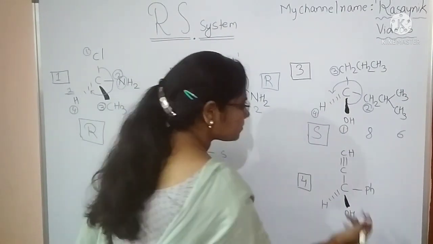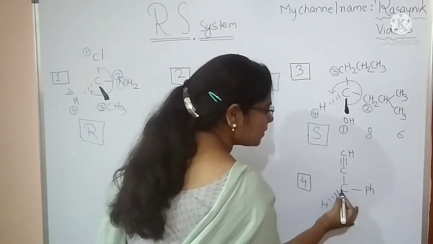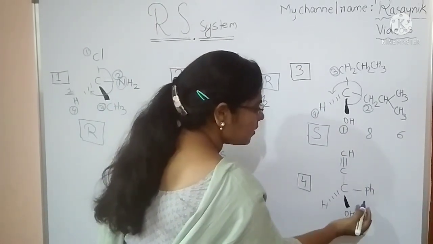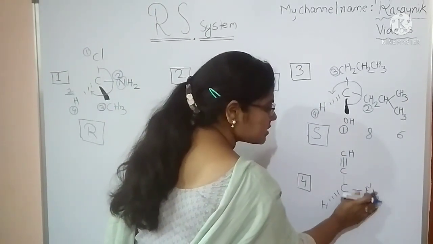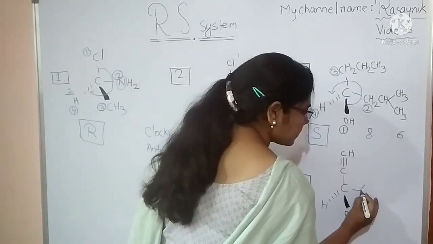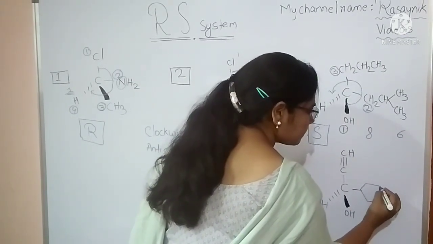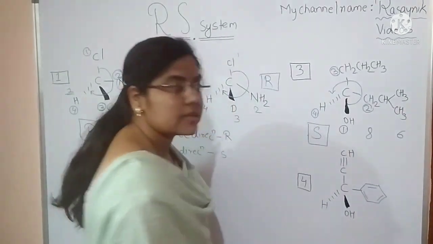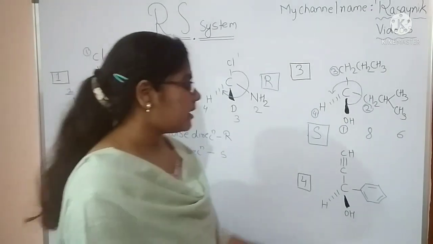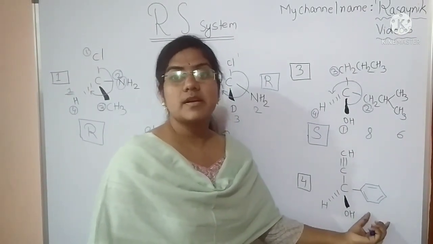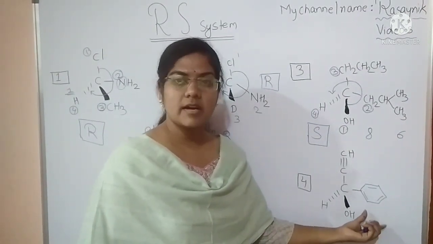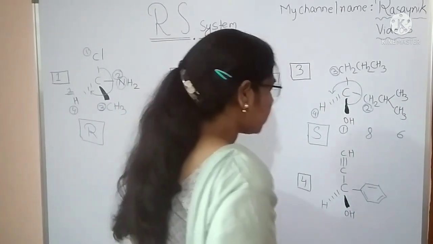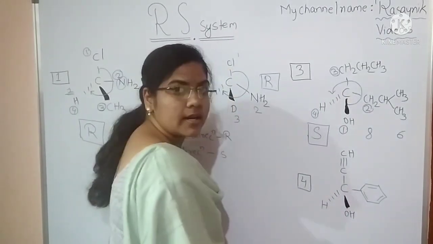Okay, now fourth example, carbon. This is carbon. This is CH. Here is a triple bond. This is Ph. What is Ph? A phenyl group is present like this. This is also a bigger group, but in the bigger group, all carbons are present. Okay, all carbons are present, and the atomic number of carbon is 6 and the atomic number of oxygen is 8.